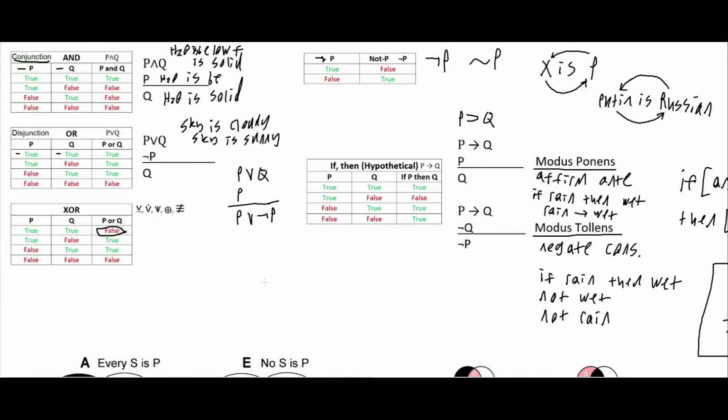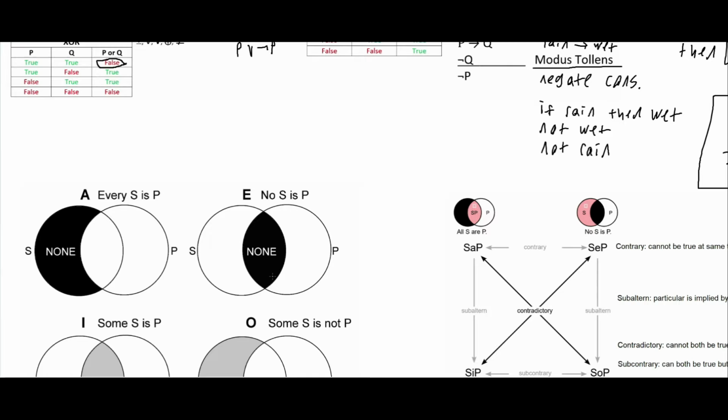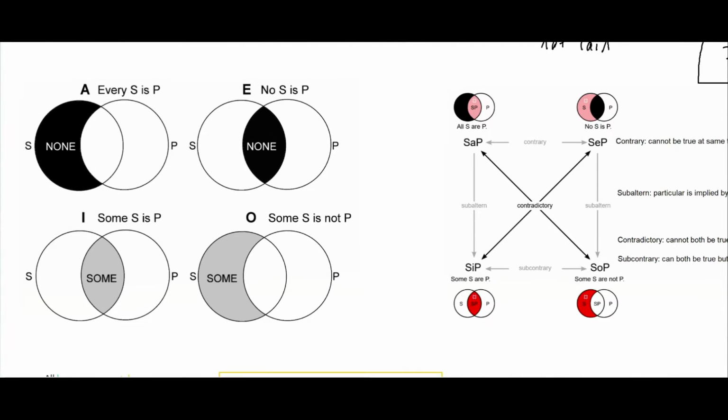And so what we're going to be looking at now is what are called categorical syllogisms. These are the quintessential Aristotelian syllogisms. These are the ones where we have every or all S is P, or we can have no S is P. So we see these Venn diagrams here.